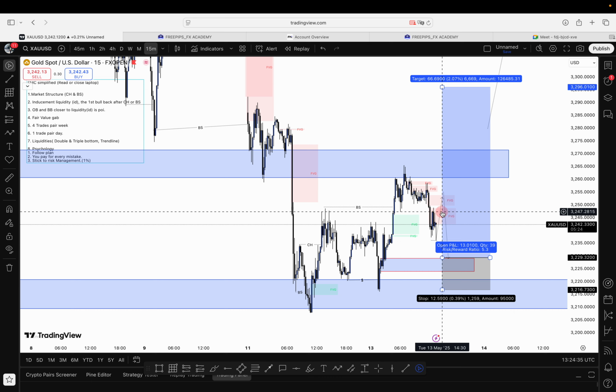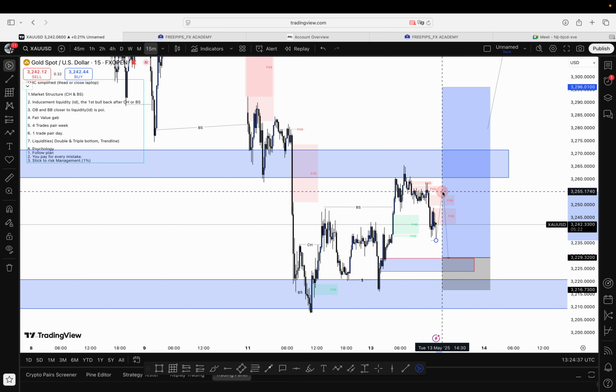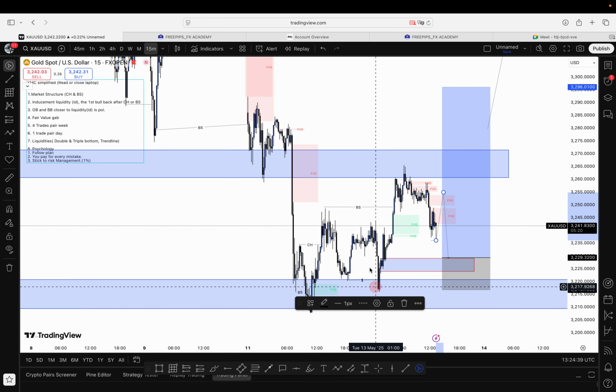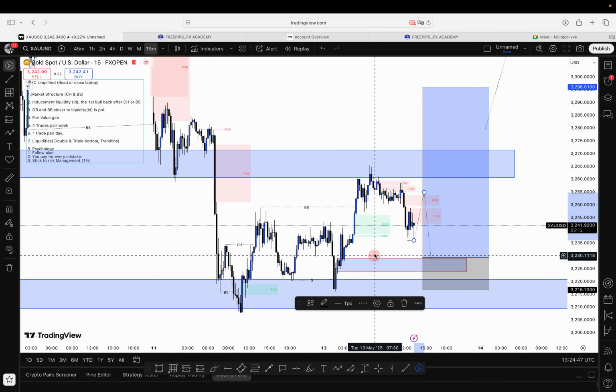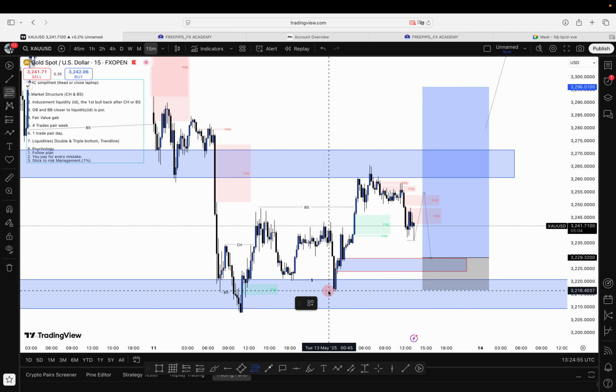It's very important. If you don't find your inducement, you will always be the inducement. And the inducement has to be at least a 50% Fibonacci retracement.